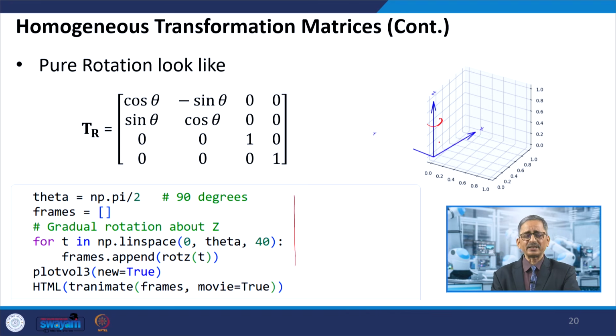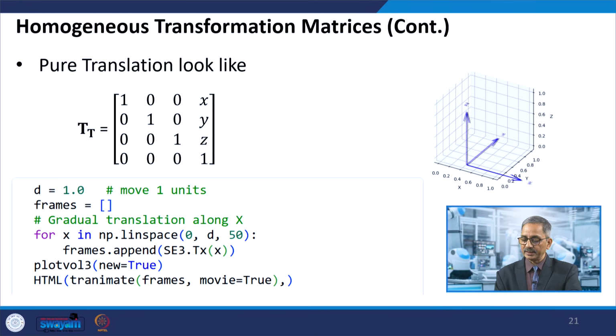Since this is rotation about the z axis, naturally this is the matrix we have already seen, the rotation about the z axis by angle theta. Now, if I want to represent it in the form of a homogeneous transformation, here it is only rotation, so in place of the position vector we have 0 0 0, and the last row is also 0 0 0 and 1.